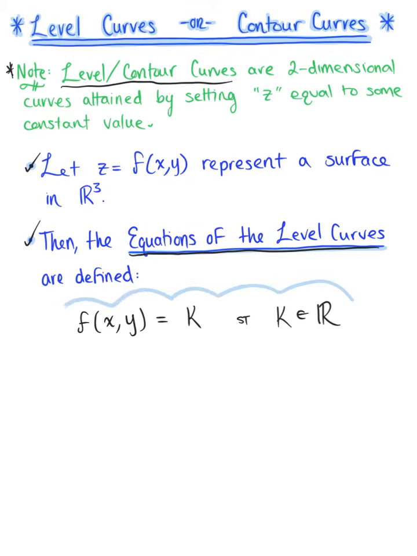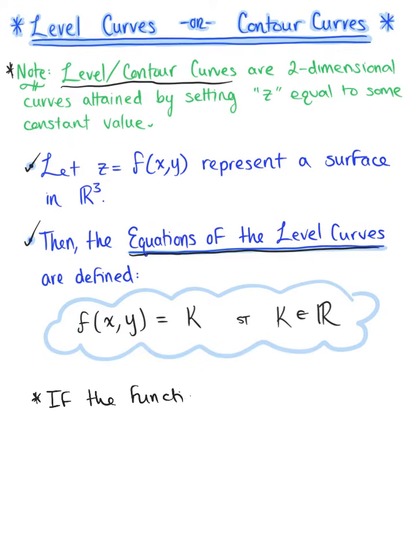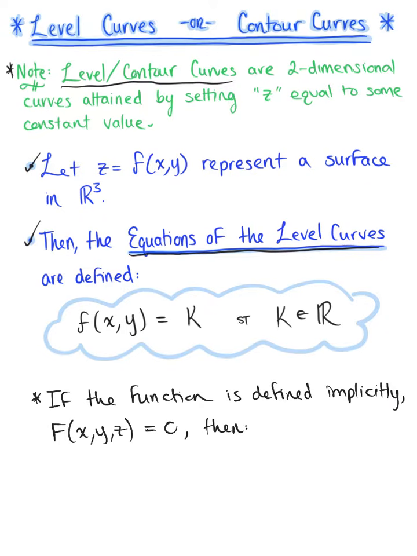Now this is of course the explicit notation of a level curve, but as we know now, we could also define these implicitly. So let's note that if the function is defined implicitly, or in its equation form, in other words, capital F of x, y, z is equal to 0, then the level curve is defined as capital F of x, y, k is equal to 0.